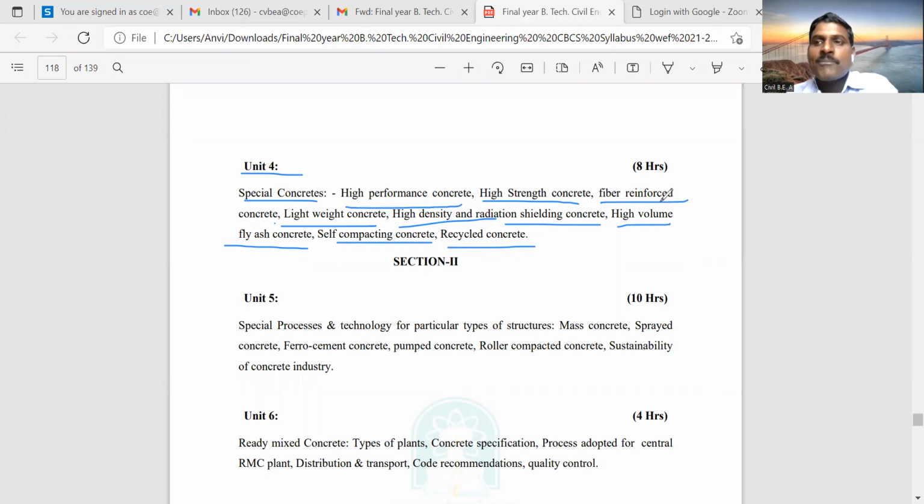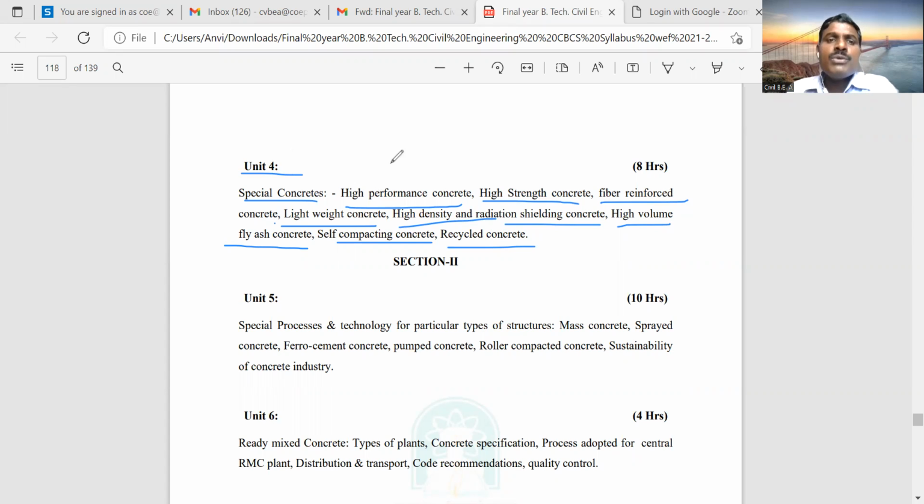We are replacing steel by fiber. These are the various conditions in which we use concrete, and we call these various types of concrete special concretes. Are you getting it? We prepare these various types of concrete depending on the requirement or situation.